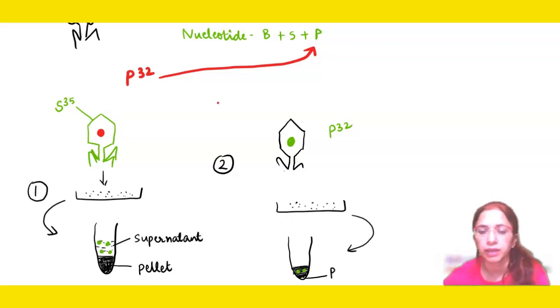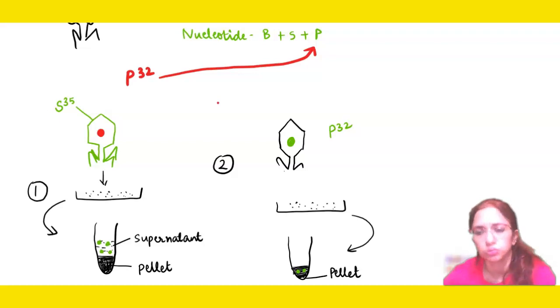You know that pellet is the portion which settles because it is much denser. You can see that I have shown green dots, and these green dots mean the radioactive P32 was associated. And where they used the P32, it was in the genetic material of the bacteriophage. So this Hershey and Chase experiment proved that it is the genetic material that is passed from one generation to another.